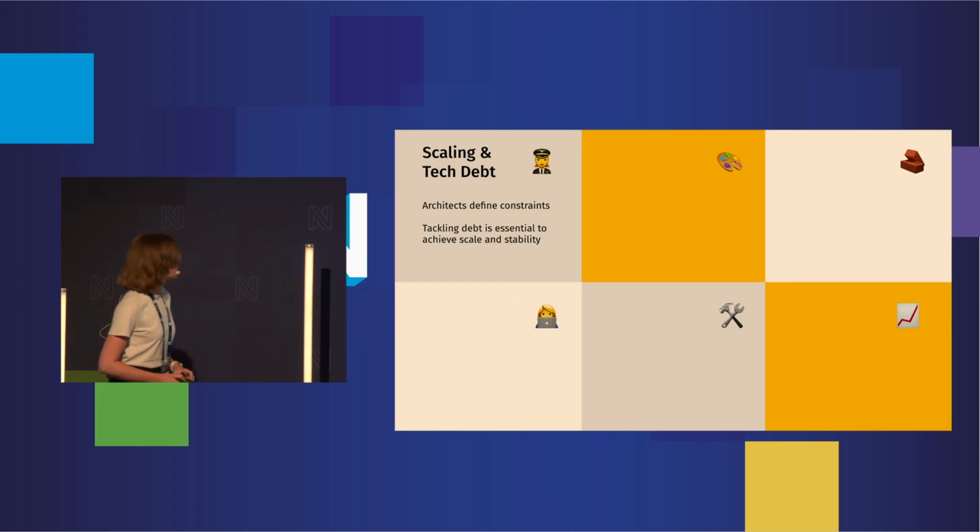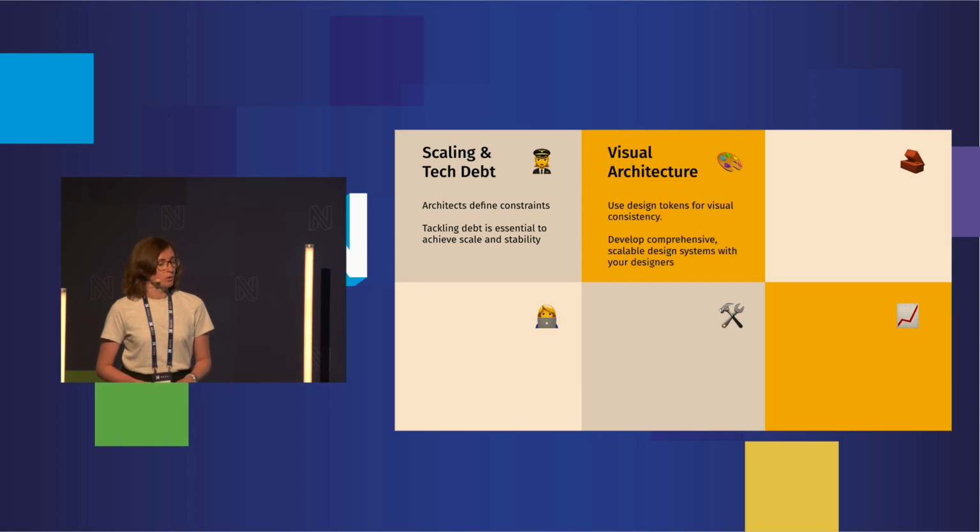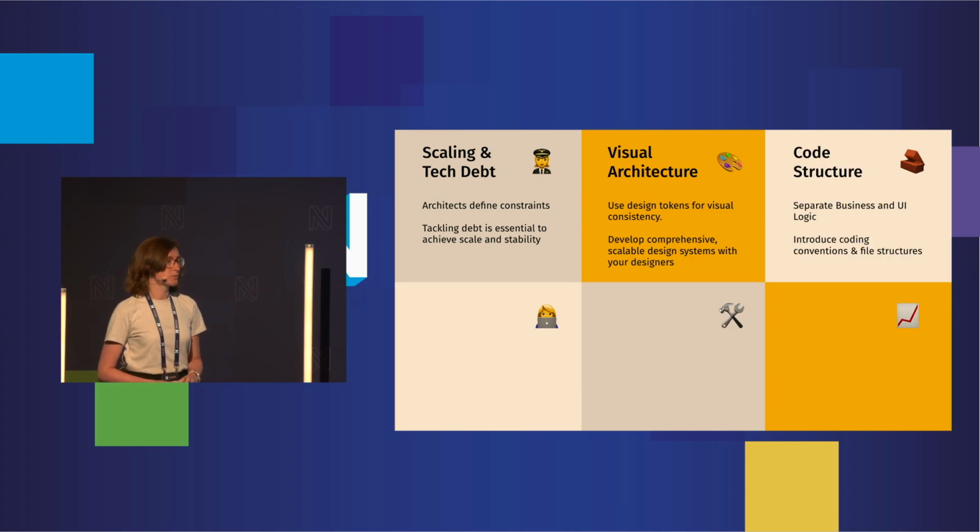the architect enables constraints to allow to scale and to allow to tackle technical debt. We need to define some visual architecture. We need to talk to our design teams, define our tokens, define the actual data values of that design. And at some point, you need some design systems, some core components that you can reference in all parts of your application. You need some code structure.